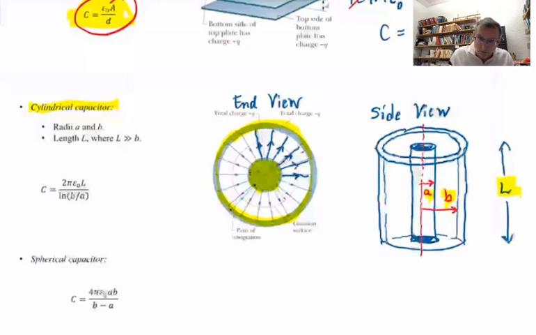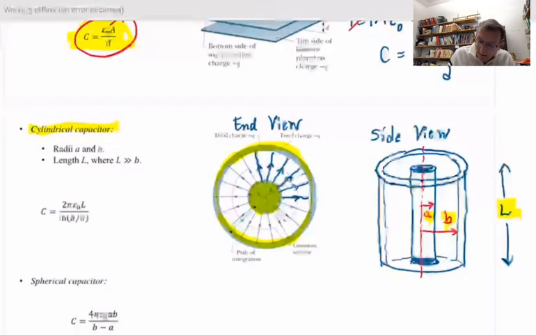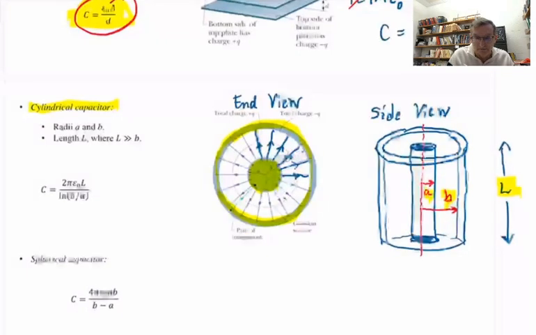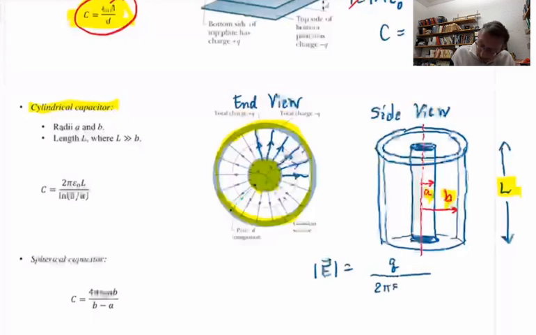Okay, I'm just going to write down the formula you get from Gauss's law for the magnitude of the electric field in the region between those two cylinders. It is Q, the positive charge on the inner cylinder, over 2 pi epsilon 0 L, the length this way, little r.